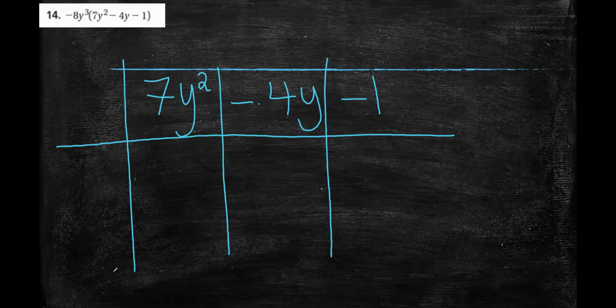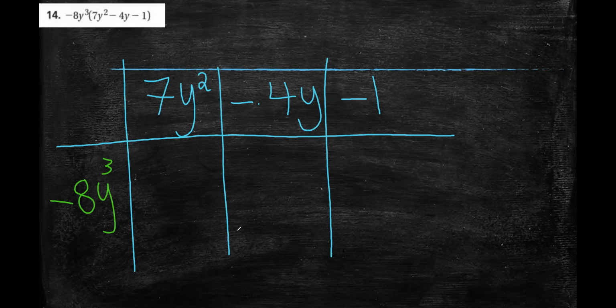Teacher, can we use the distributive property in this question? Okay, I will do both of them. Let's use this way. Negative 8y cubed, I just put vertically and the other one horizontally.